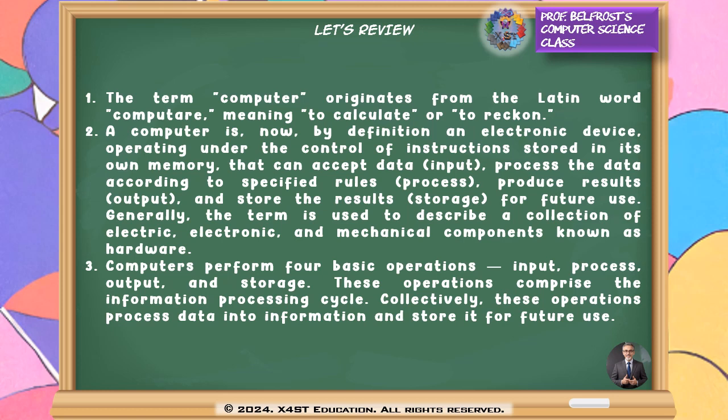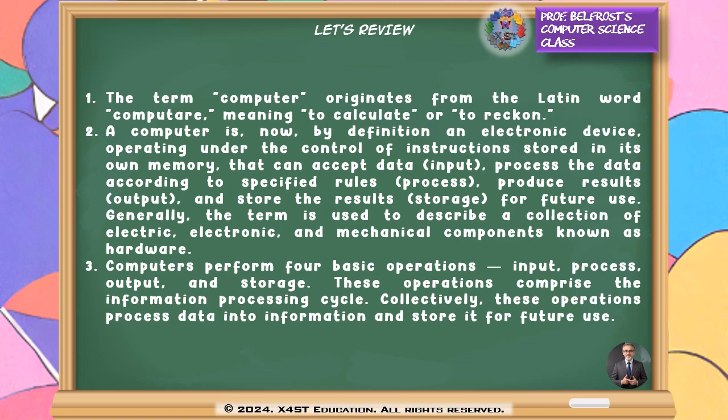Today, a computer is an electronic device operating under the control of instructions stored in its own memory that can accept data or input, process the data according to specified rules of process, and produce results or output, and store the results to the storage for future use.